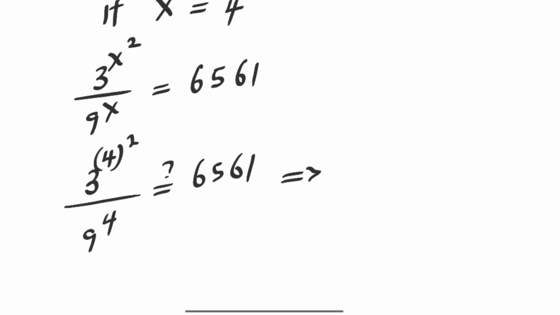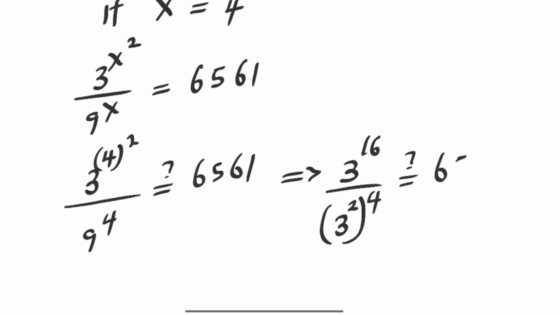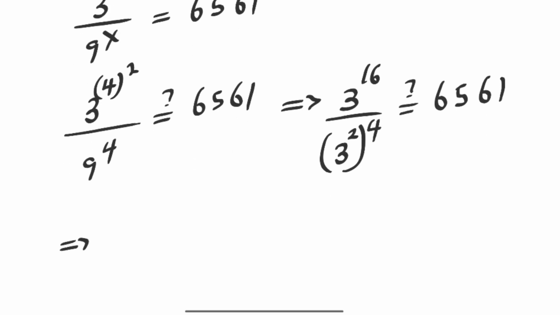This can be written as 3 raised to power 16 divided by 3 square raised to the power of 4 must be equal to 6561. Here we have 3 raised to power 16 divided by 3 raised to power 2 multiplied by 4, that is 8, must be equal to 6561.